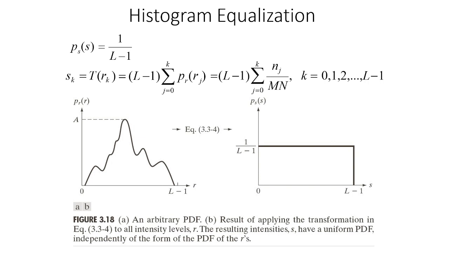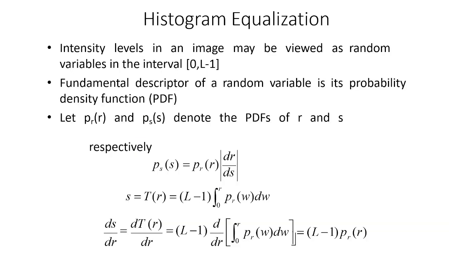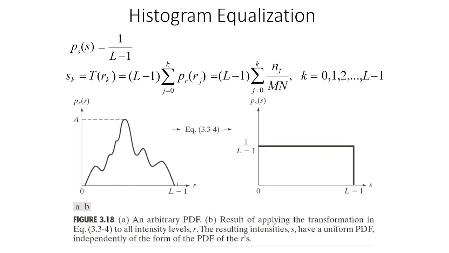Similarly we can take the inverse. Finally, if I want to have the value, we can take the inverse transformation. T of Rk is equal to, substituting, L-1 times the sum of PR of Rj, where PR of Rj is equal to Nj divided by MN.